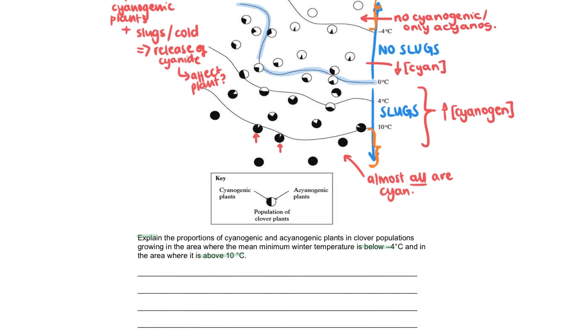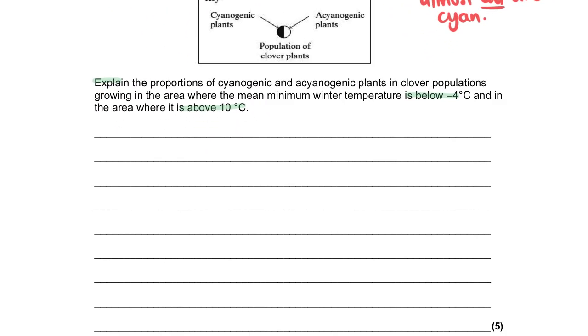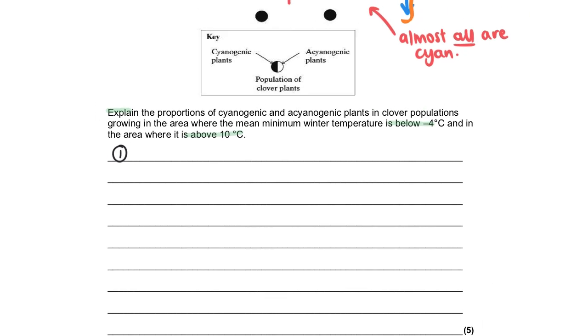So, explain the proportions. I'm going to take each one of these in turn, and I'm going to describe what I see and then give reasons as to why the plants are proportionally found in each section. So firstly, I'm going to explain what I see.